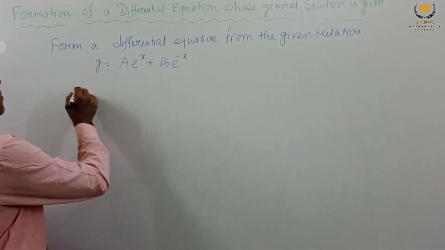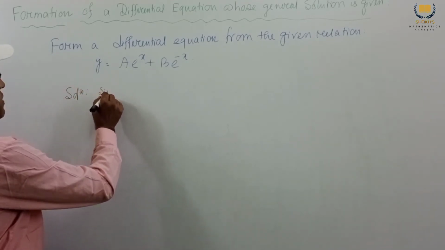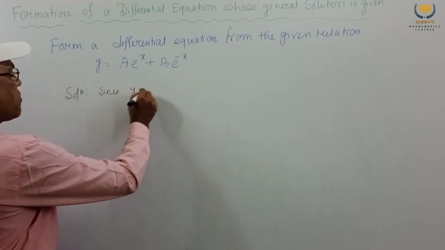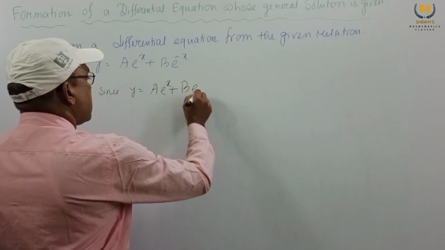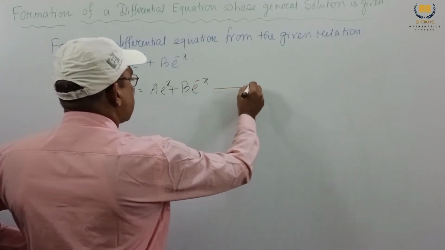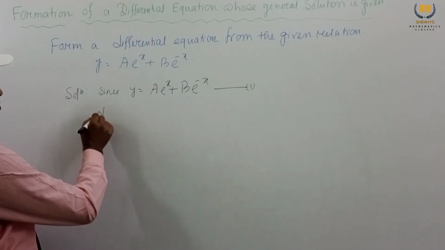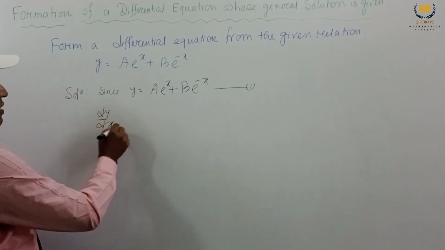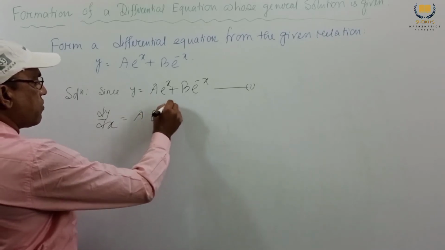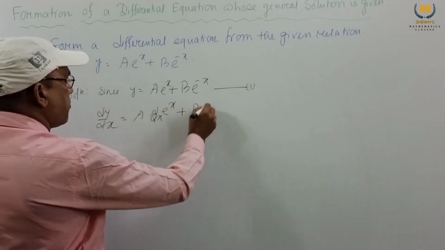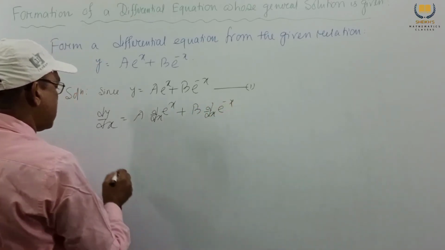So this will be the solution. Since y equal to a e to the power x plus b e to the power minus x. This is number 1. So we differentiate both sides with respect to x: a d/dx of e to the power x, b d/dx of e to the power minus x.